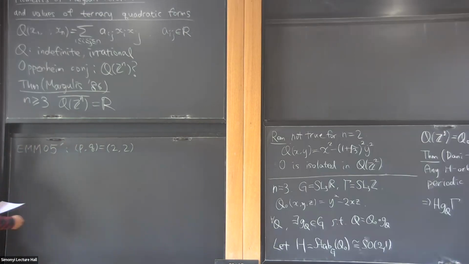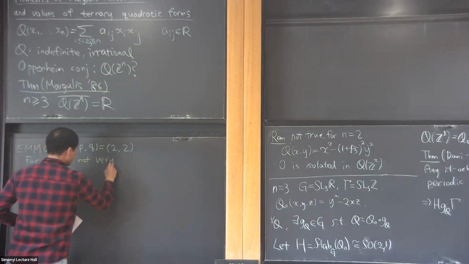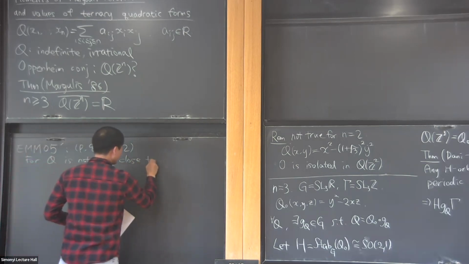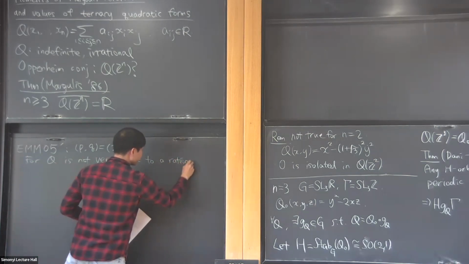So we definitely need some assumption. To avoid the first scenario, we should assume Q is not very close to a rational form.